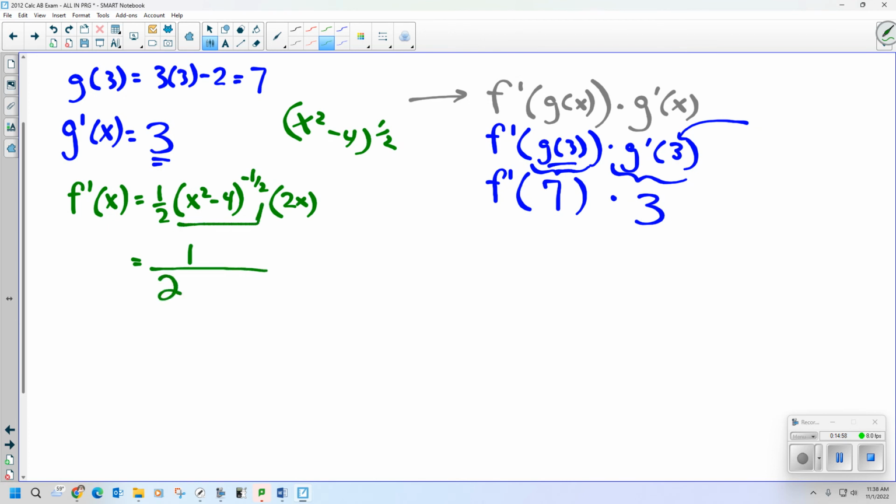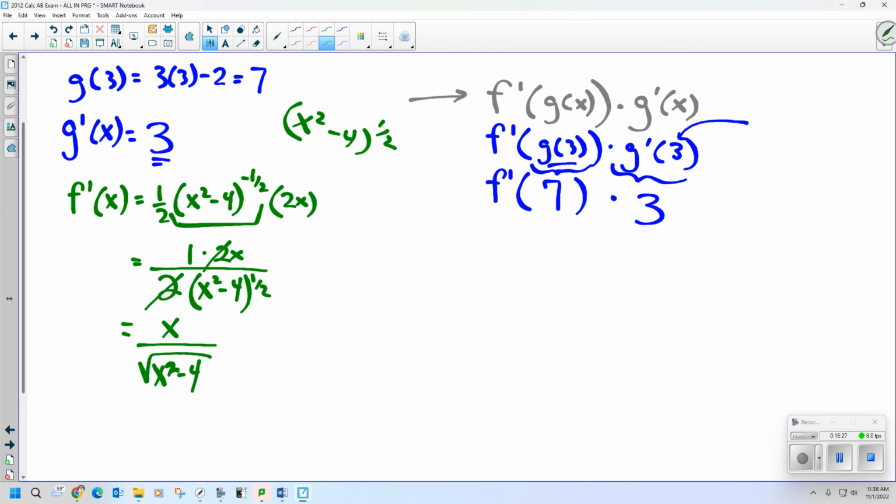This part comes down, and my negative 1/2 becomes a positive 1/2. Okay, times 2x, so I just put that in the top. We'll rewrite it again. My 2's cancel. I have x over the square root of x squared minus 4. Because anything to the 1/2 power is square root. Okay, that's the derivative of f.